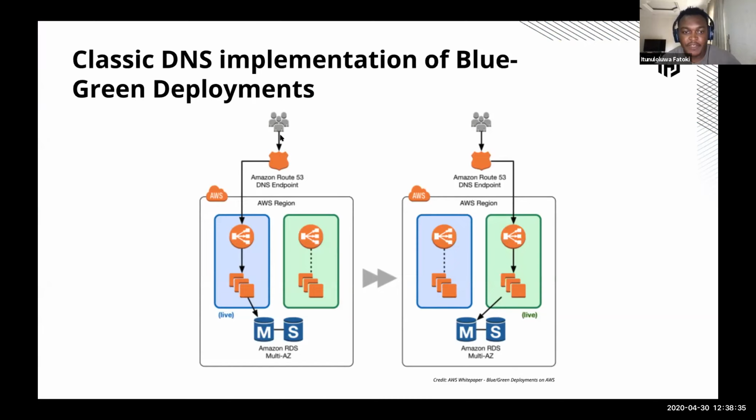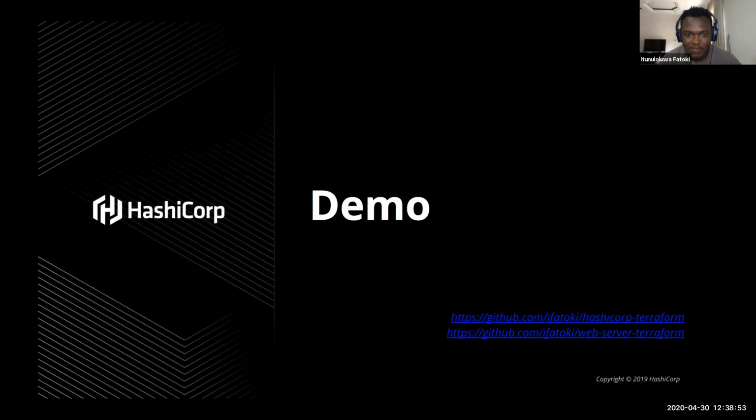So you have a Route 53 endpoint here. You have an environment that's currently live with your load balancer and your instances behind it, and your database isolated somewhere. And then you have an update, and you spin up the update, which is going to be the green guy on your left-hand side. Apologies for that.